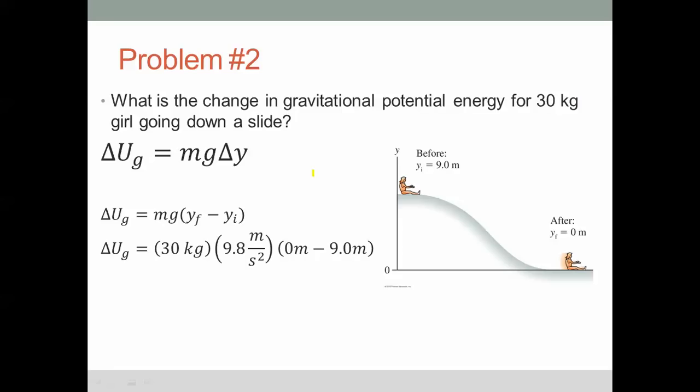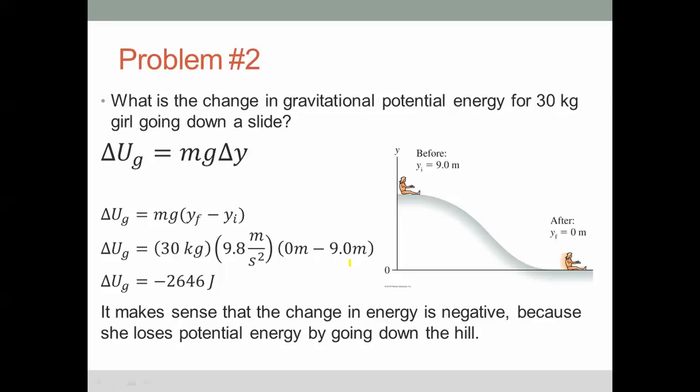Plug in your values: mass, gravitational acceleration, final height, which is 0, minus initial height, and we get a change in gravitational potential energy of negative 2,646 joules.